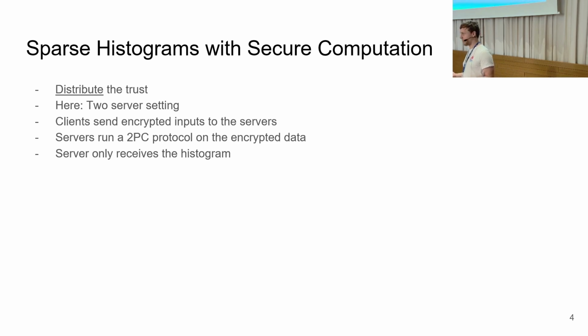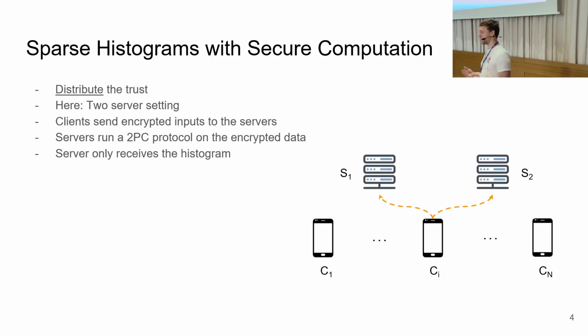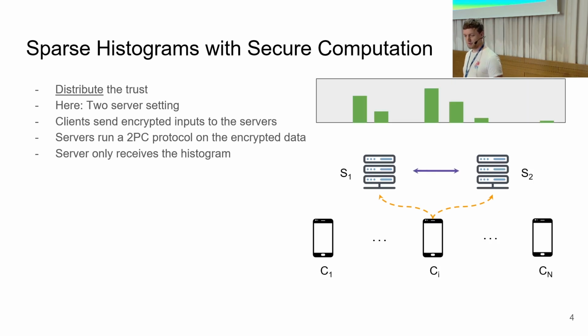The way we can then conceive a protocol is to say the clients encrypt their inputs to the two servers. The servers run a 2PC on the encrypted inputs that they got, and then finally the servers receive the result. That's a very high-level view of what you can do. Here's again a schematic of that: distribute to two servers, run a 2PC, retrieve the output.